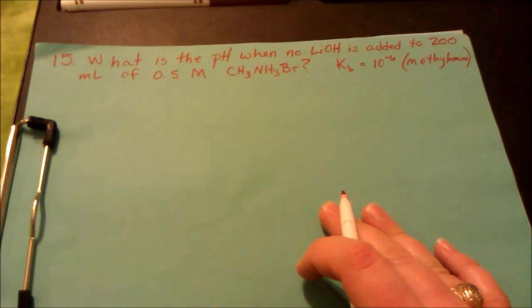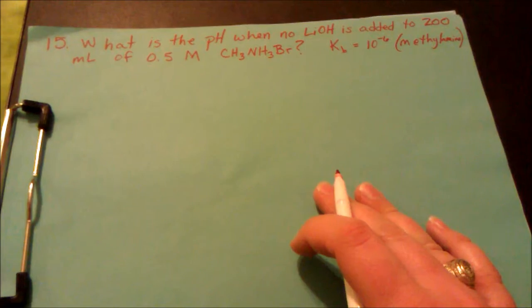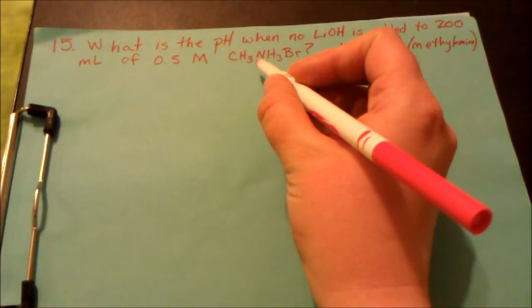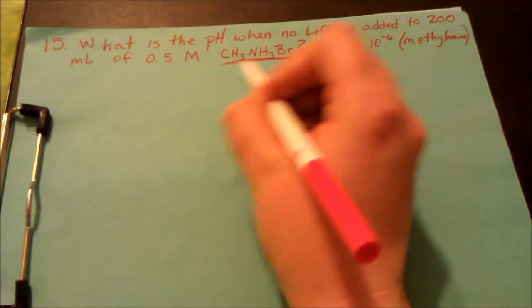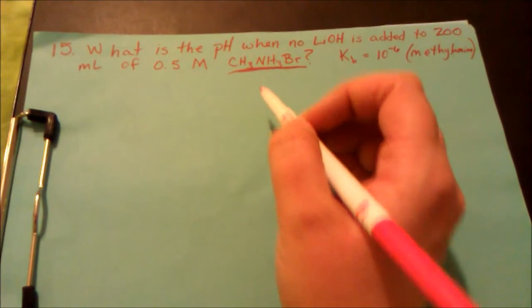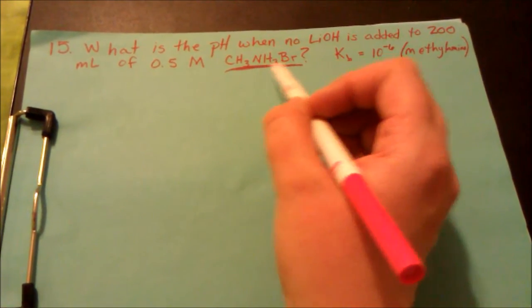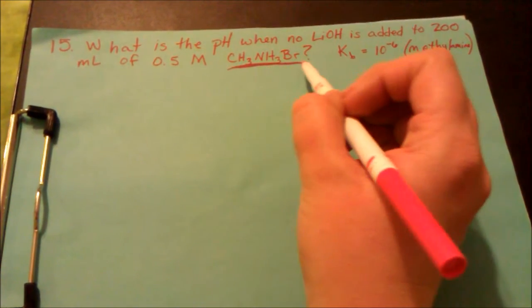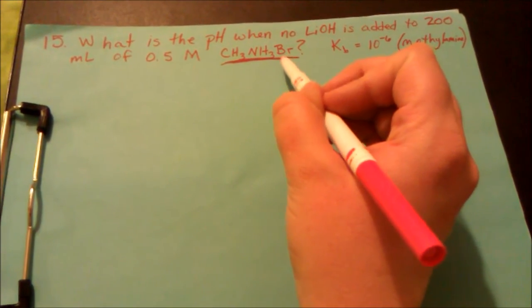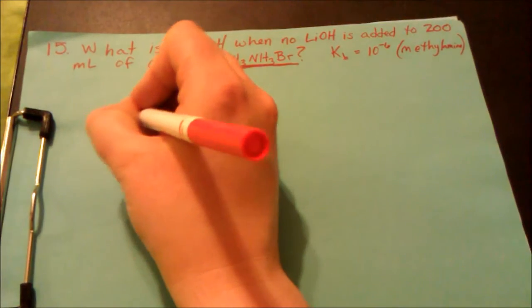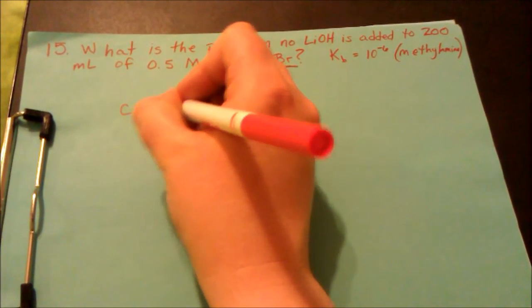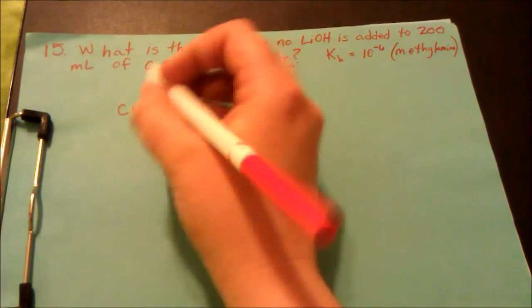Okay. The first thing we have to figure out is what exactly this species is. CH3NH3Br is a salt. We know that it's going to dissolve completely in water, which means it's going to leave us with CH3NH3 plus.